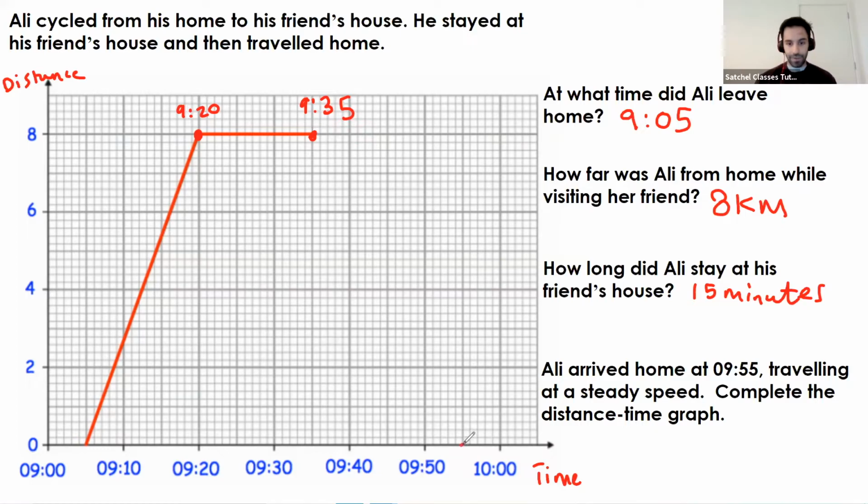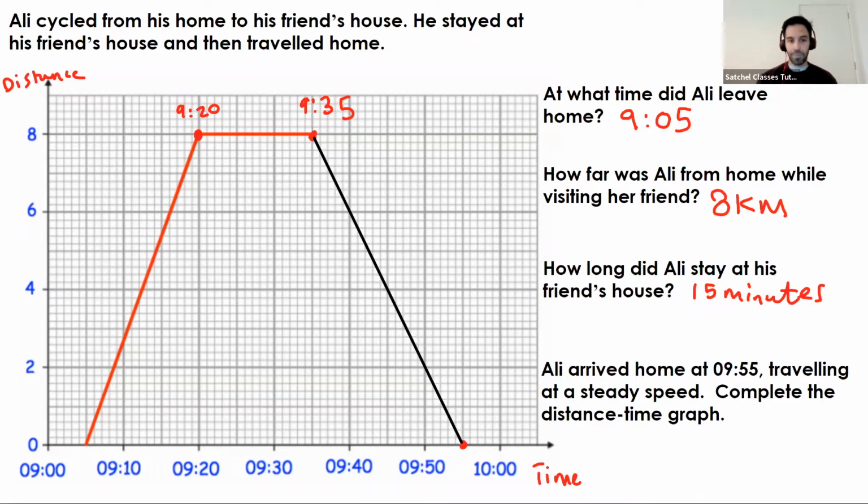So at 9:55 is a point when he would have arrived back. So we need to draw a line from here all the way to here. So this is what our line would look like, and I will use a different color. And we just need to join these 2 points up. And along this line, the speed is steady. So we've now completed the distance time graph.